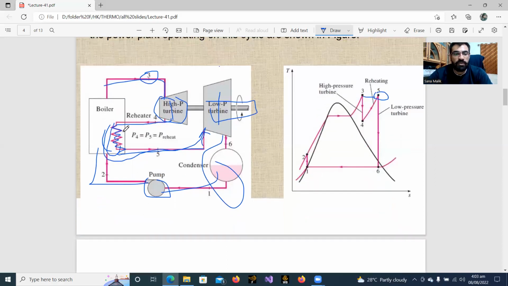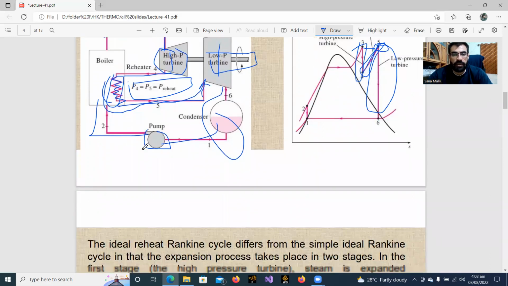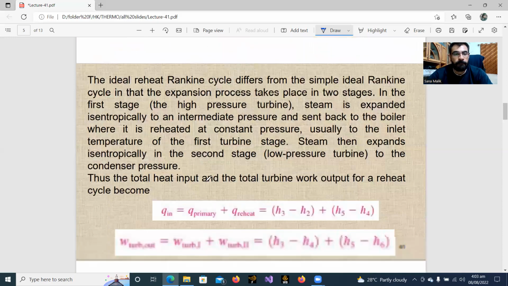Basically, in boilers we have constant pressure heat addition. P4 will be P5, constant pressure reheating. So this is the first expansion, and this will be the second expansion by the turbine. Meanwhile, this will be the reheating process taking place in the boiler. All the other processes are the same.